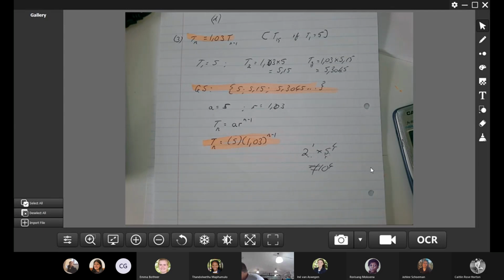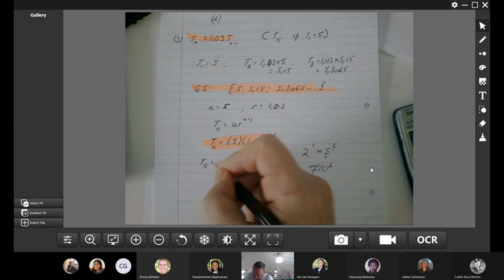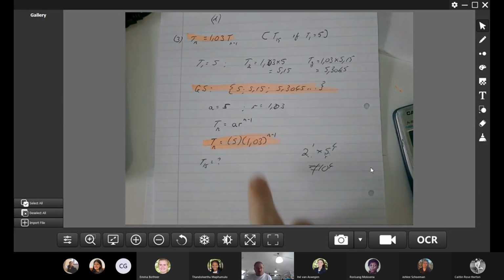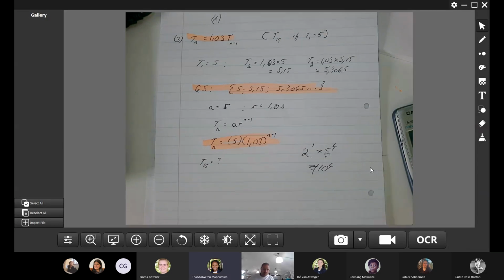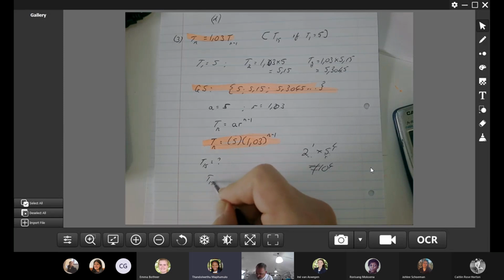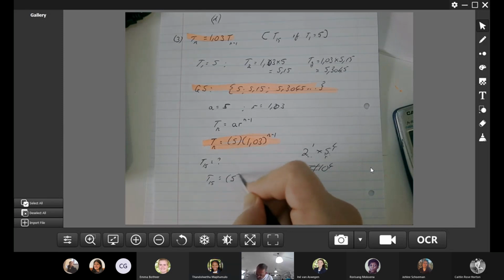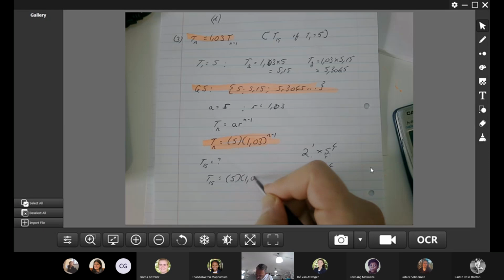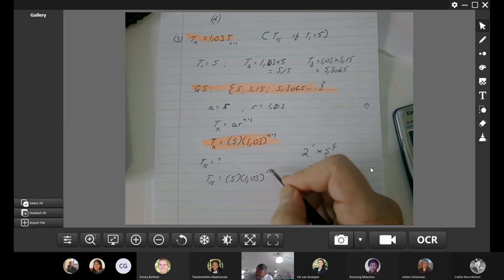And now they said to you in the question, they want you to find T15. So what am I going to do, Tando, in order to find T15? You have to substitute n with 15. Good. So term 15 is going to be 5 times 1,03 to the 15 minus 1.